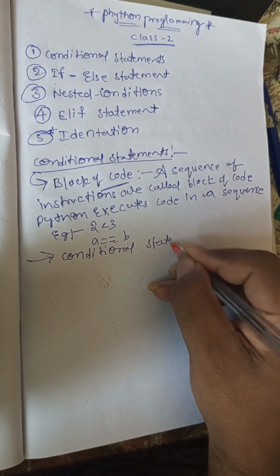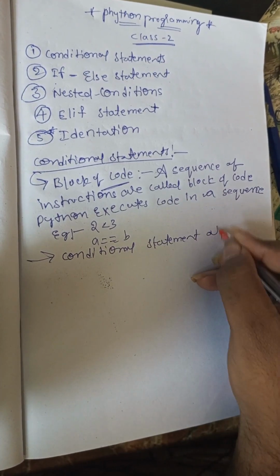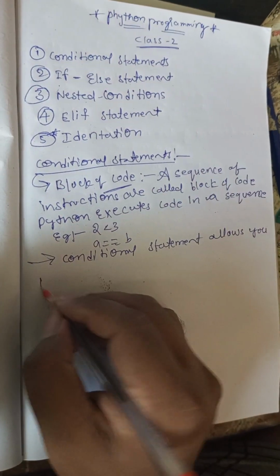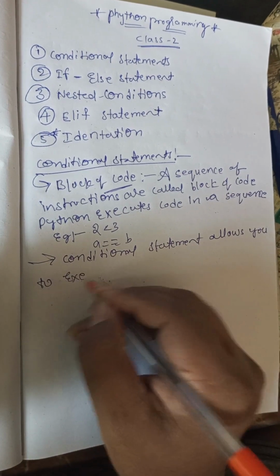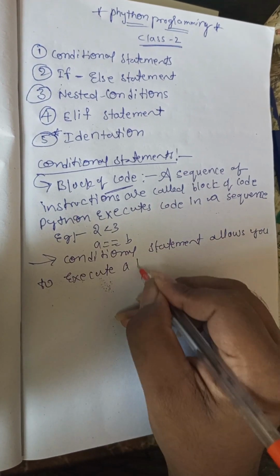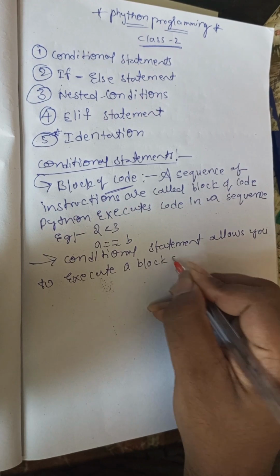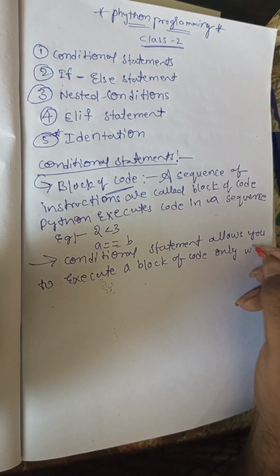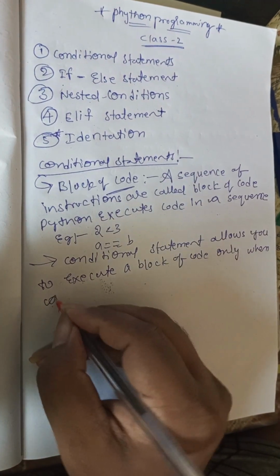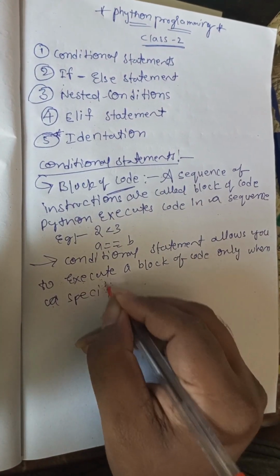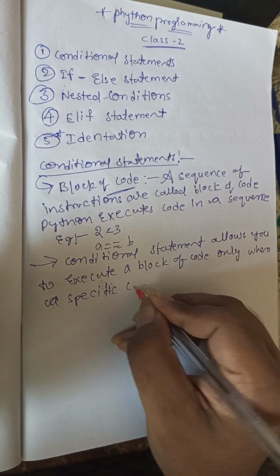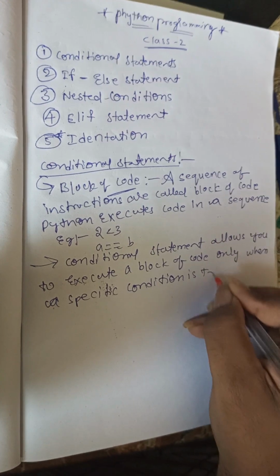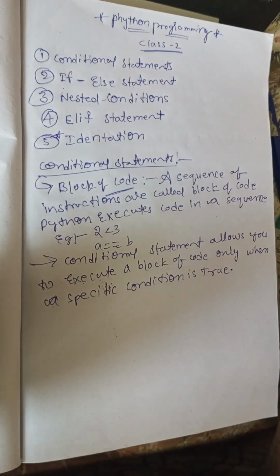Conditional statement allows you to execute a block of code only when a specific condition is true.